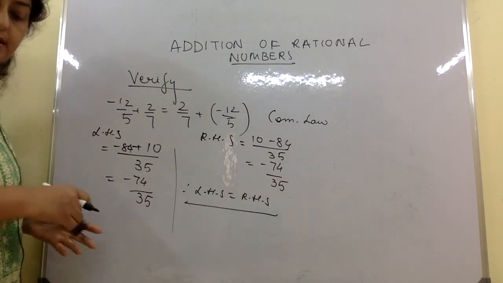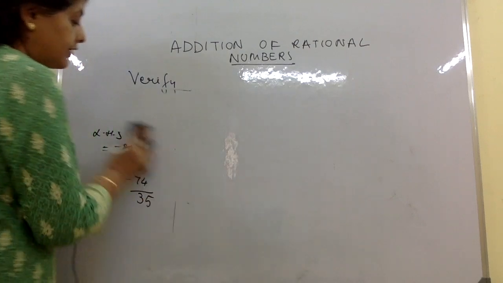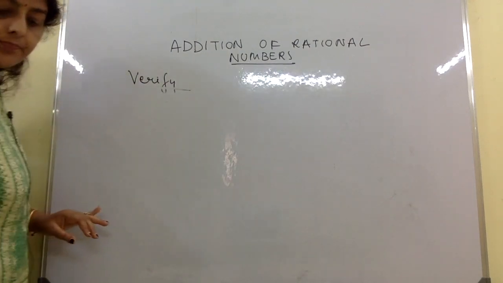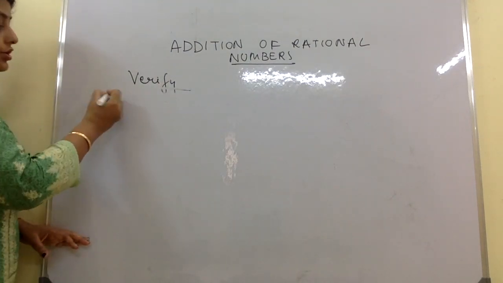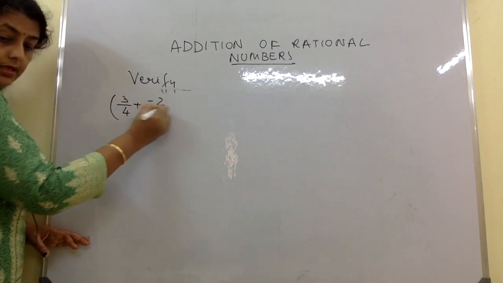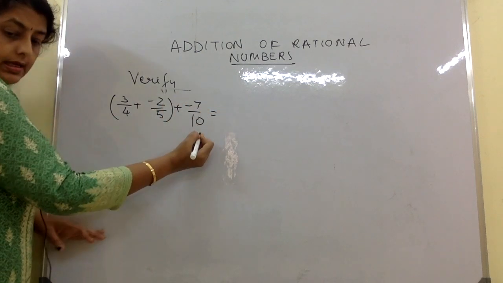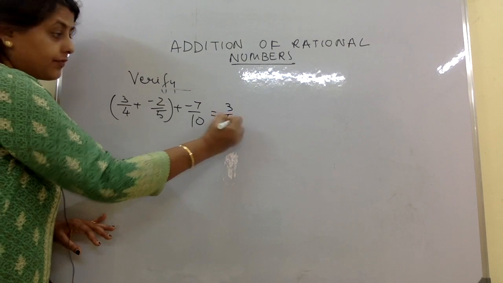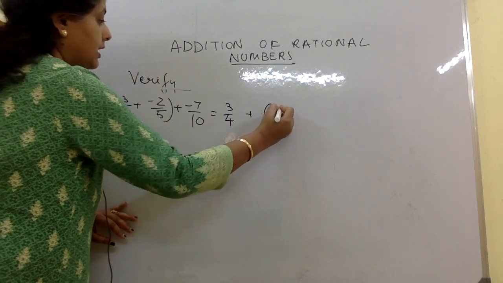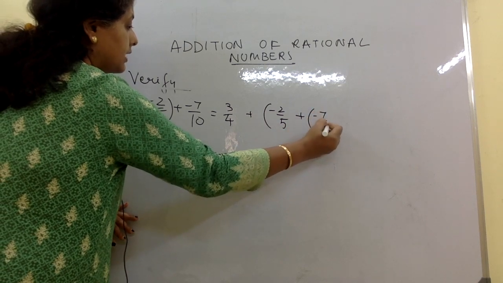So let me take another one quickly. Now see, this is again verify only. In this verification, it is slightly different. 3 by 4 plus minus 2 by 5, and then a bracket closed, minus 7 by 10, and then it is 3 by 4 plus minus 2 by 5 plus minus 7 by 10.